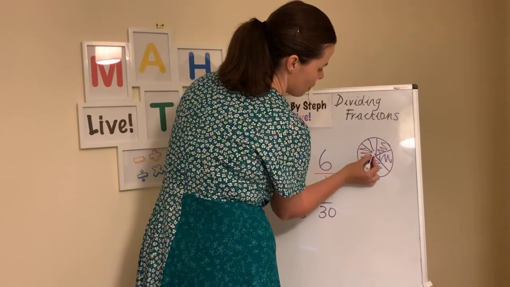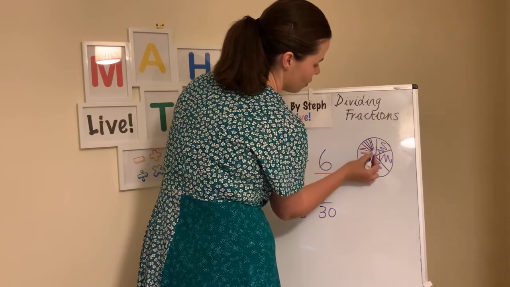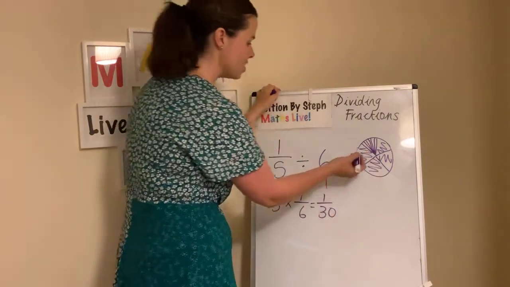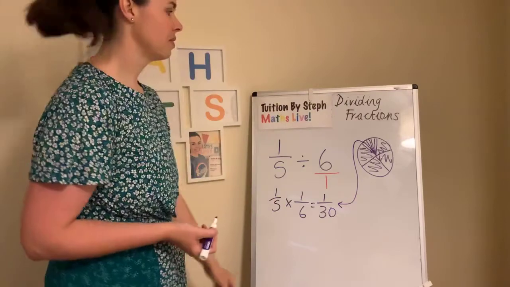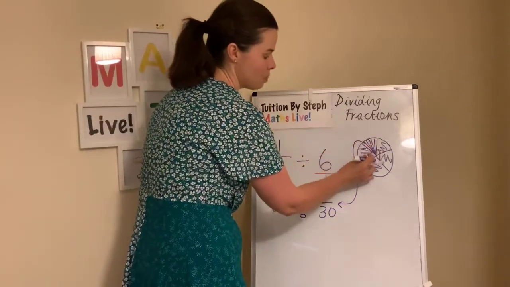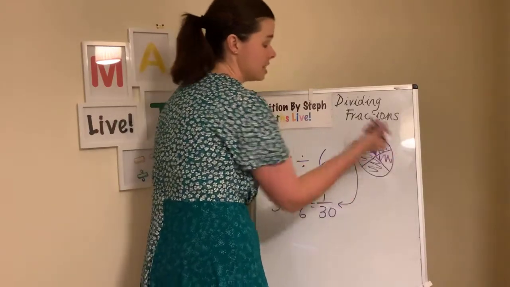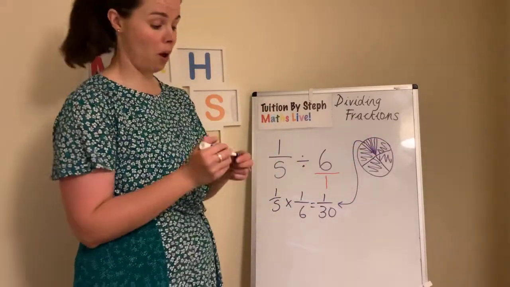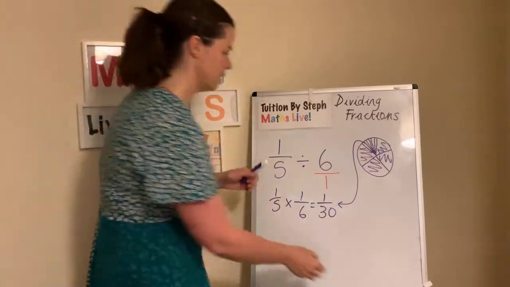So you'd have to go 1, 2, 3, 4, 5, 6. Each slice is 1/30. Okay? Because if you did the same with the whole pizza, if you split this into 6, and then this into 6, and then this into 6, and this into 6, there will be 30 parts. Okay? So that's what that means in that sense.